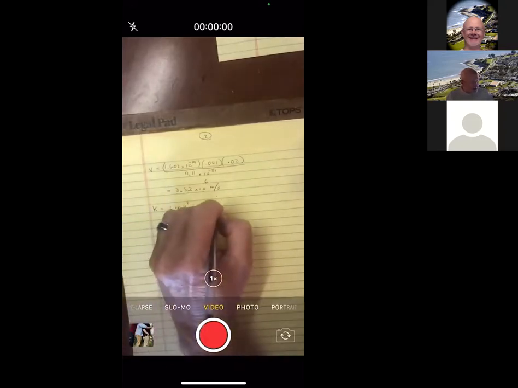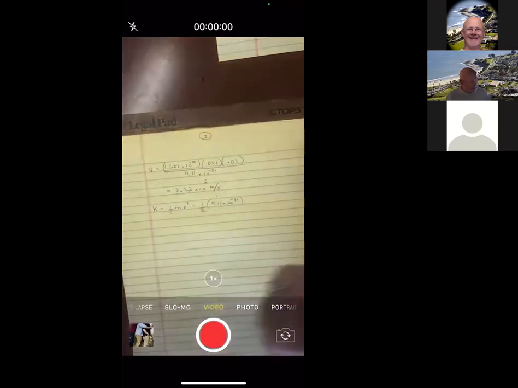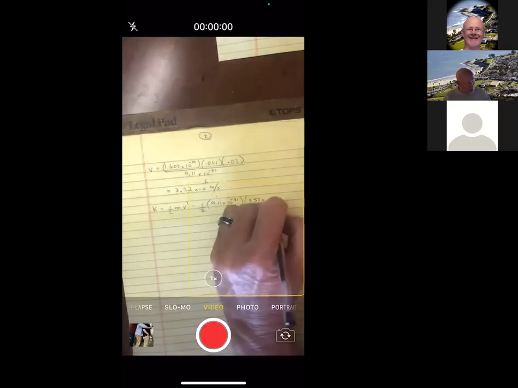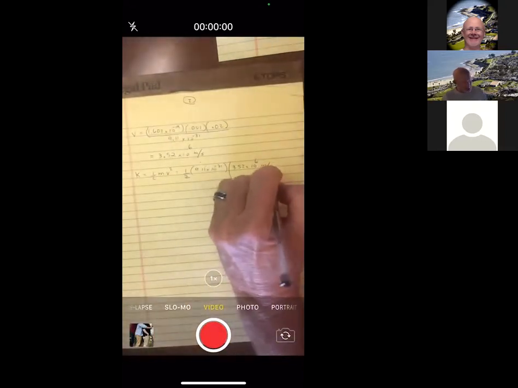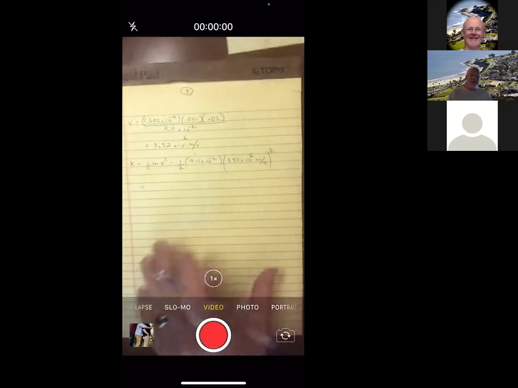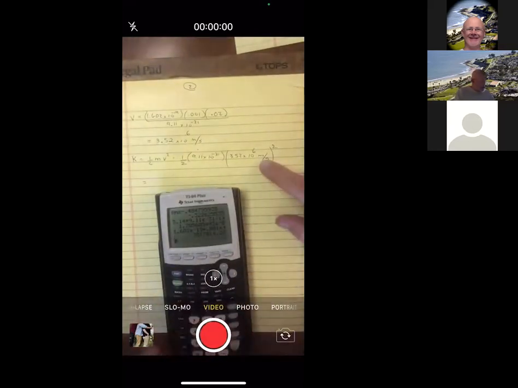So its mass is 9.11 times 10 to the negative 31. And its speed is the 3.52 million meters per second. So then I can get out my calculator, and in fact, I already have the speed in there.